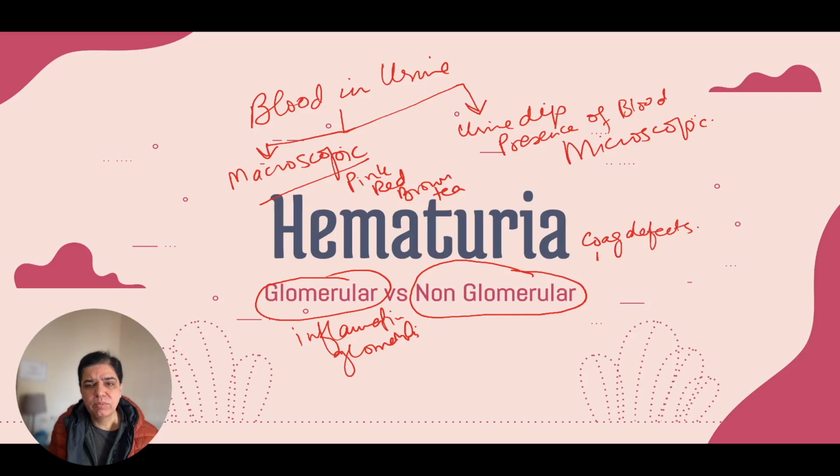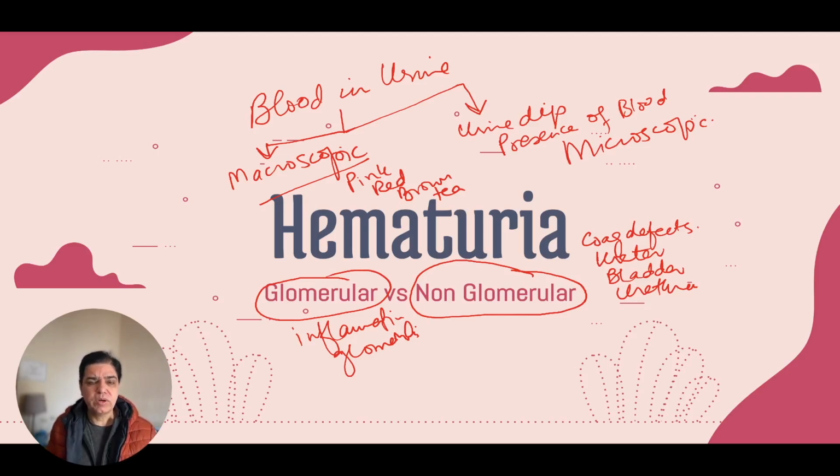For example, a stone in the ureter causing irritation of the epithelium, and subsequently blood seeping into the urine, or a problem with the urinary bladder, or the urethra. Anything not related to the glomerulus, whether it's in the blood or beyond the kidney, like problems with the ureter, bladder, or urethra, we would call non-glomerular hematuria.